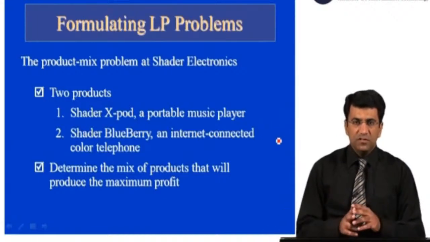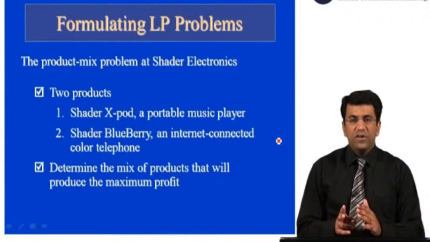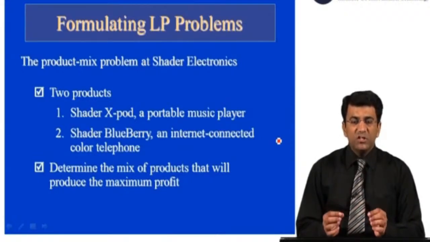Now there are two things. One is the objective. What is the objective? We want to maximize the profit. What are the products? There are two products: the Shader Export, which may be represented by X1, and the Shader Blueberry, which may be represented by X2. Now what are X1 and X2? In this particular problem, we are interested in finding out the quantity of these two products which can maximize the profit.